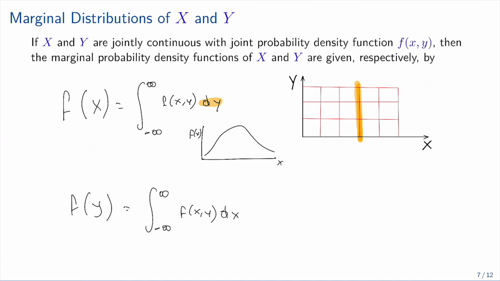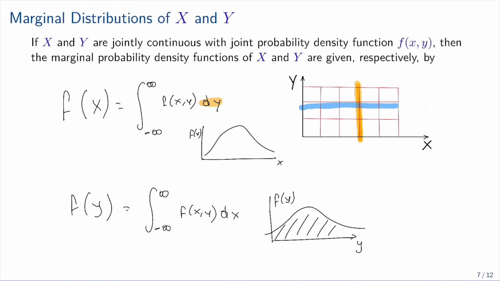So what we should integrate over is dx. So we are going to compress our function, and the resulting function is a function of y only, so this is y and this is f of y.